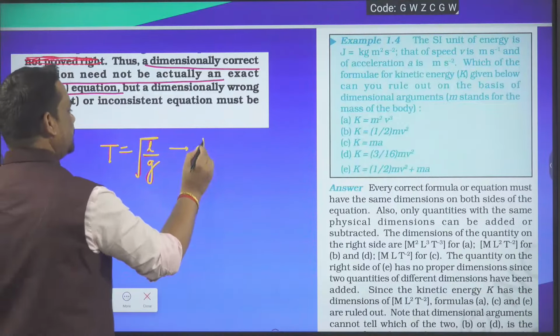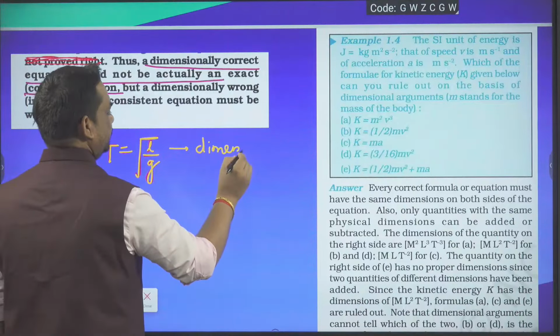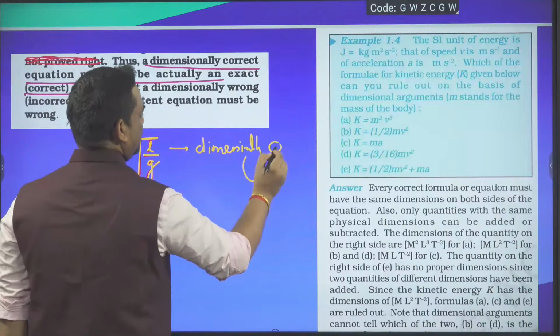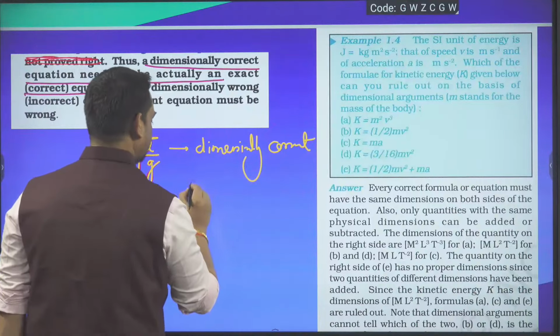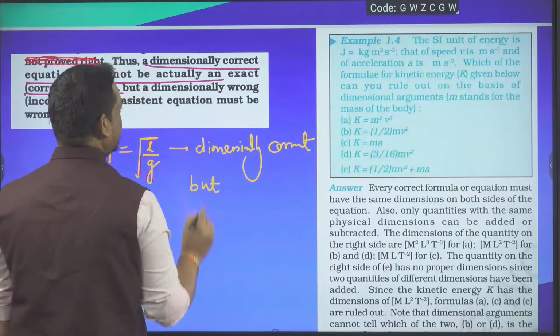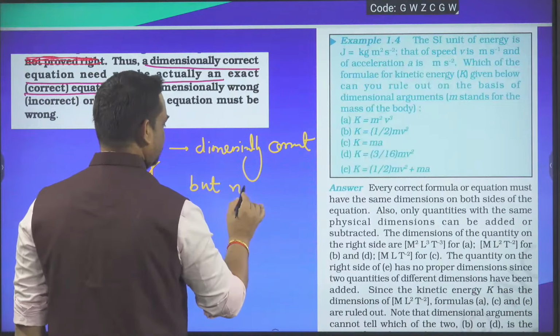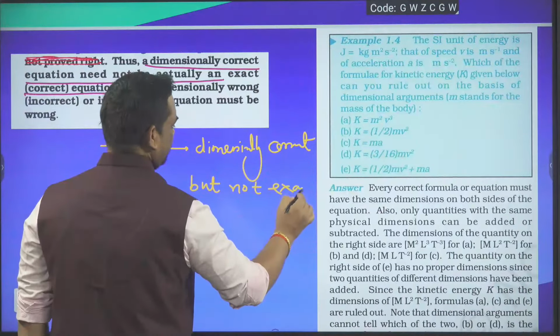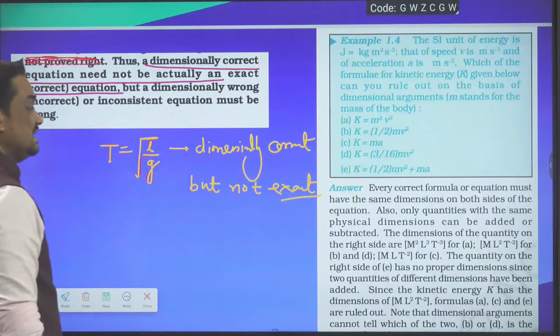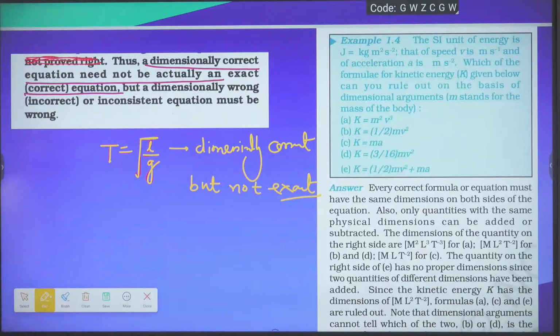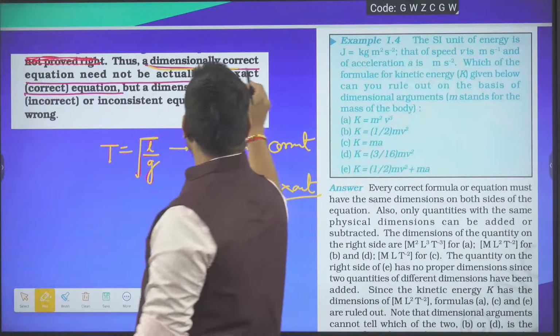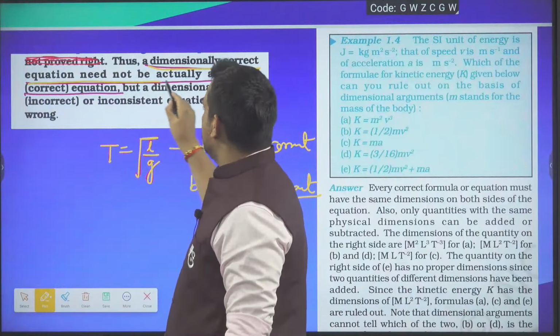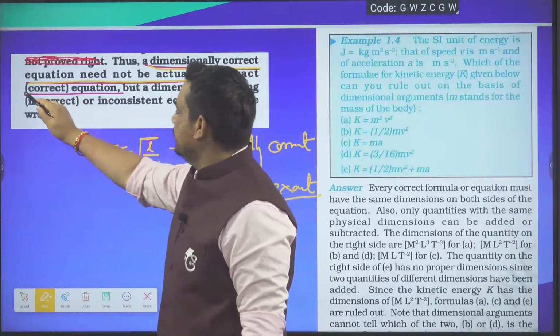This one we can say is dimensionally correct, but it is not exact. So they are saying a dimensionally correct equation need not actually be an exact equation.